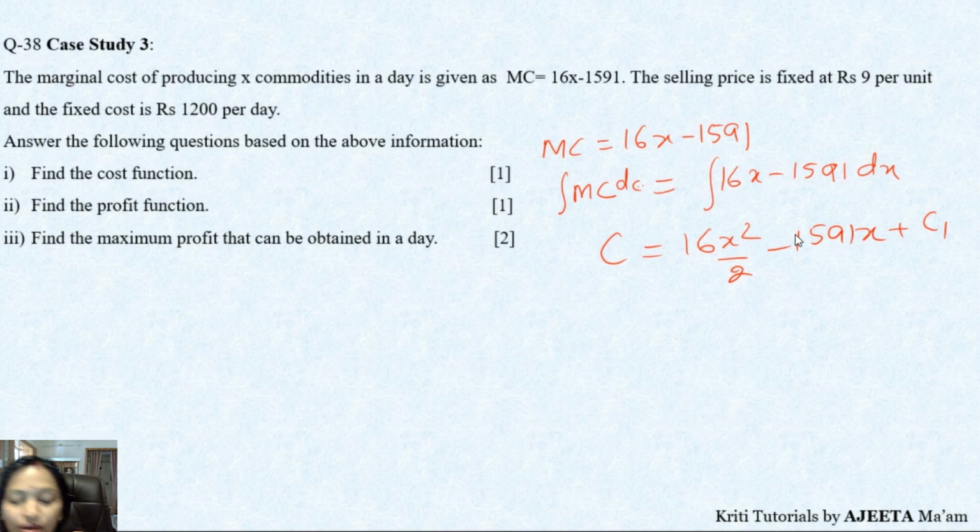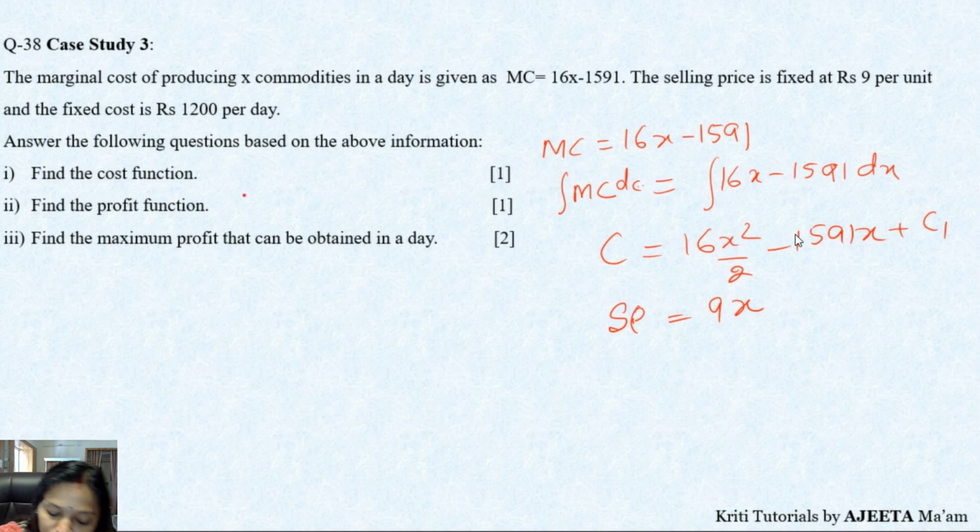Now the important point here is marginal cost is there, selling price is fixed at rupees 9 per unit. So your total selling price will come out to be how much? 9 into the units sold. So that is 9x. Now the fixed cost is given, 1200 rupees per day. So from the fixed cost we will find the value of C1. Correct?